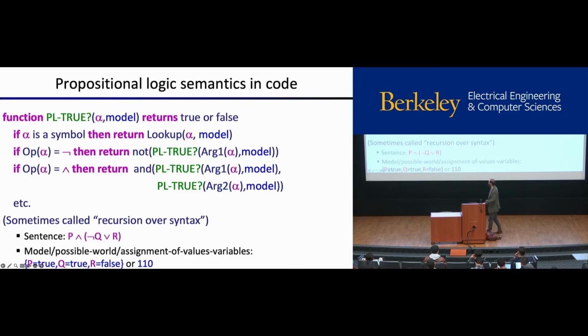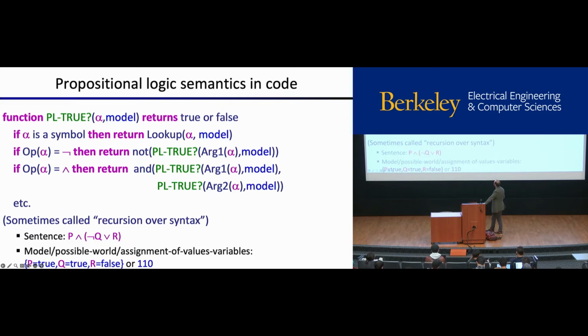So how do we evaluate the truth of this sentence given this model? Well, our highest order operator is an AND, so we go down here. Then we evaluate the left-hand side, and we evaluate the right-hand side. The left-hand side is just P.